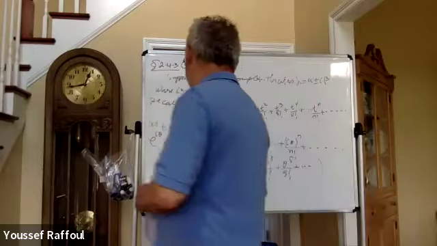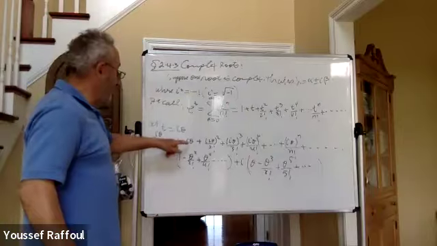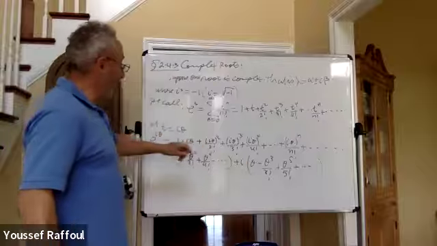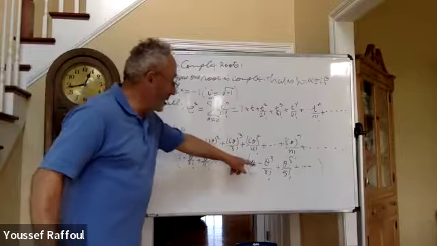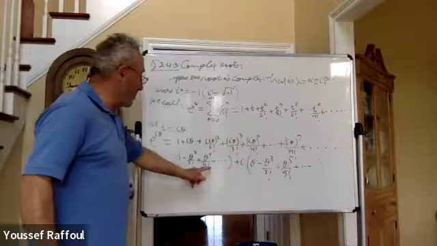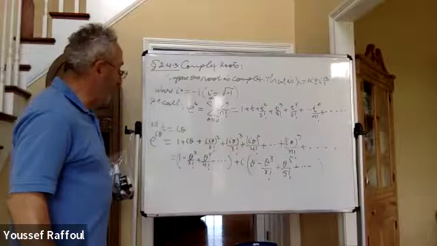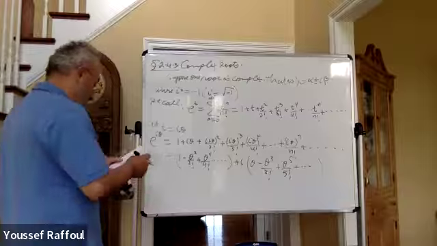You see, i theta comes from here, minus theta cubed over 3 factorial comes from here, this one comes from here. You see? And so forth.